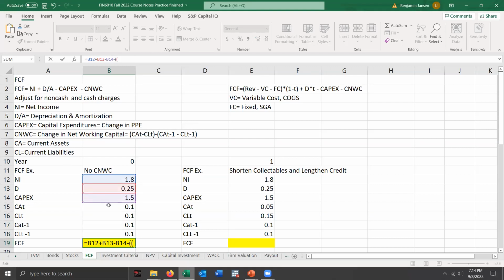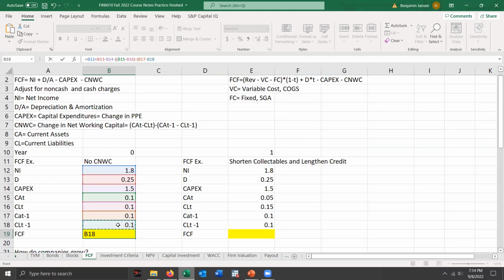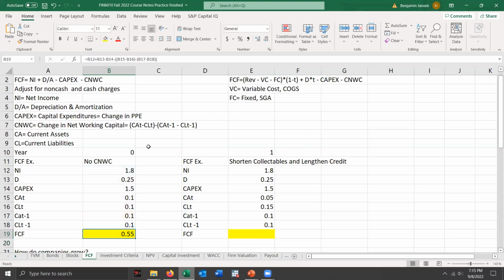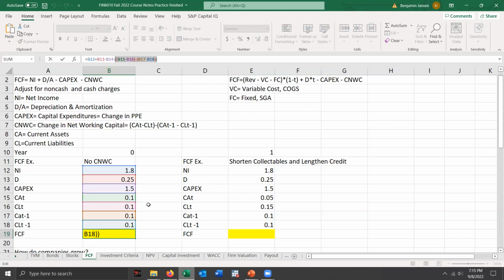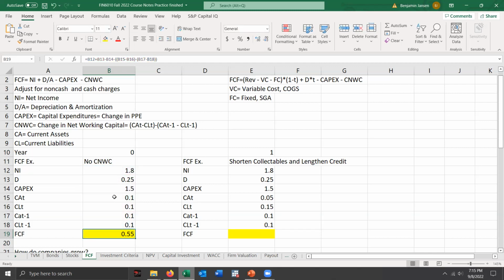We can calculate this by taking the difference between the current assets and current liabilities in one year, and subtracting out the current assets and current liabilities in the previous year. All right. So in this case, change in net working capital, they just happen to cancel each other out.